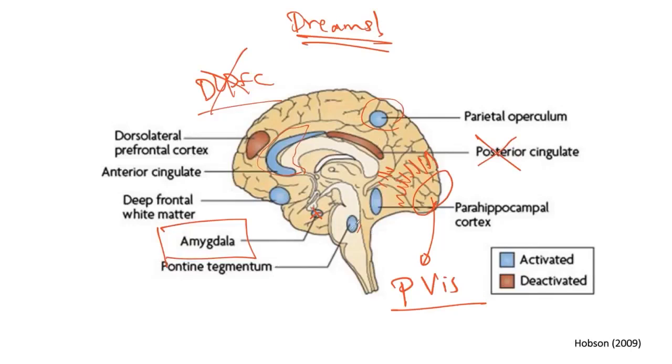And we can also have reward processing areas in the pontine tegmental area, and that is the reason that we can have euphoria or pleasures or even orgasms, things related to sexual experiences while we are dreaming.